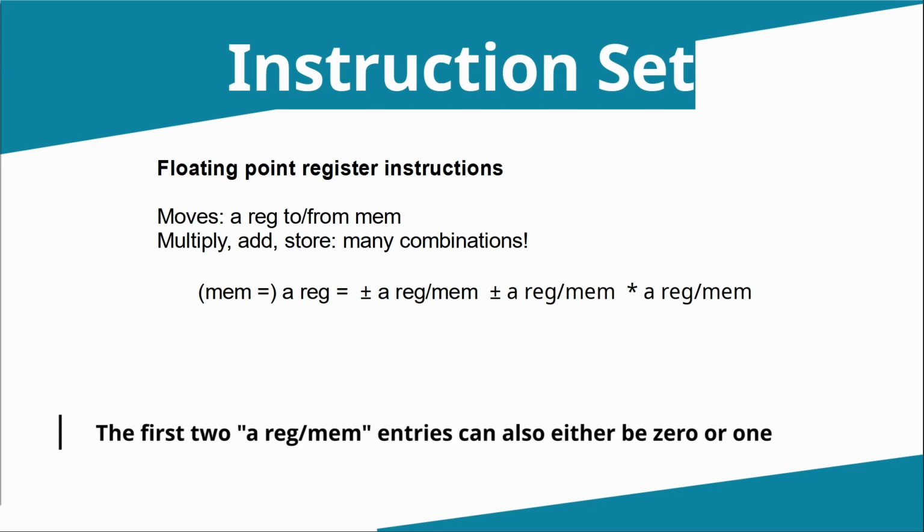So let me begin on the far right of this equation. We could take an A register or a memory location, the contents of it, and multiply by another A register or memory contents, and then either add or subtract that from the positive or negative value of a further A register or contents of a memory location, then assign that to an A register and possibly also store that in memory as well, optionally if we wish.